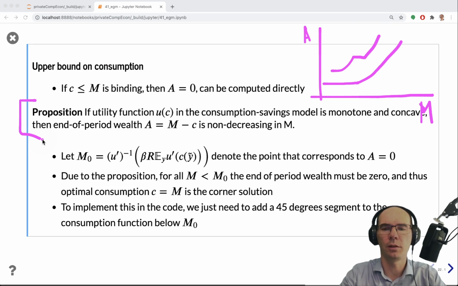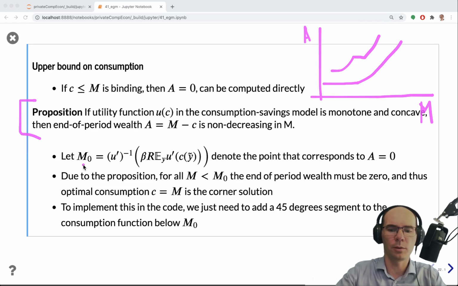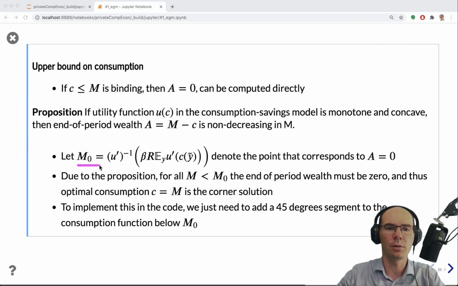It's actually in the appendix of the paper at QE that is referenced at the end of the slides. But let's think about what it gives us. So imagine that we just calculate some endogenous grid point that corresponds to A equals 0. So I want to find the point where we are touching the corner solution.